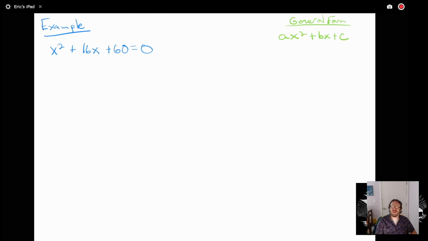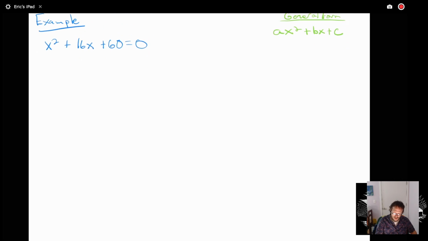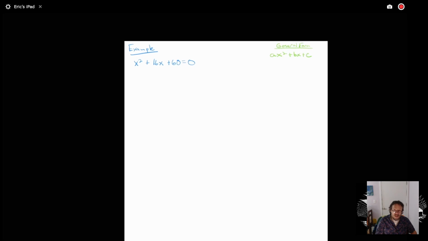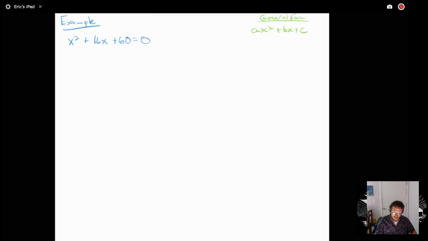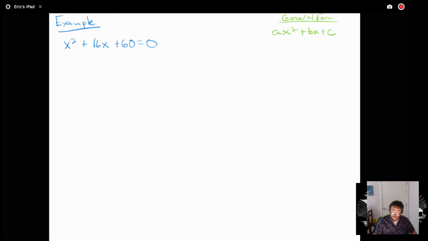Remember when we saw that a quadratic function was a function that could be written in that form. So that's general form. And in this case, we're assuming that a is 1.